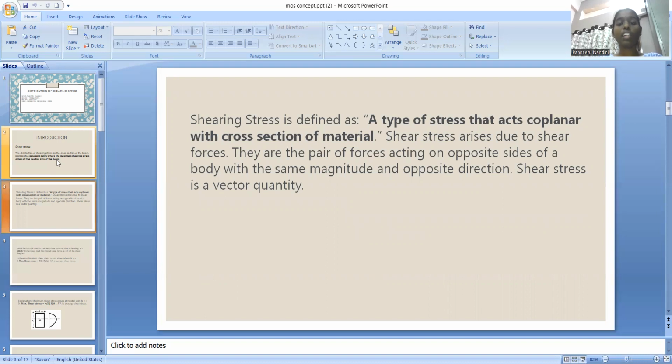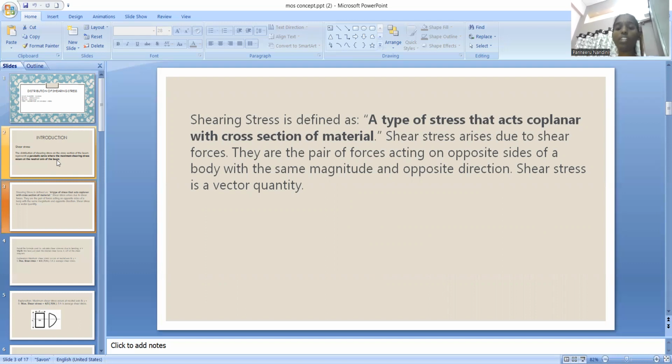Shearing stress is defined as a type of stress that acts coplanar with the cross section of material. Shear stress is exerted due to the shear force.